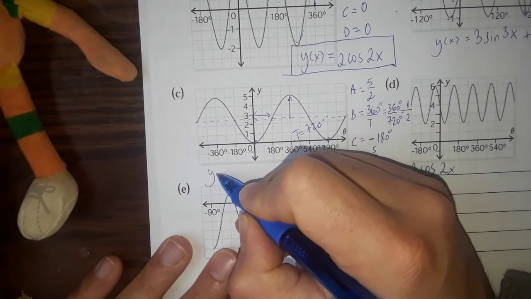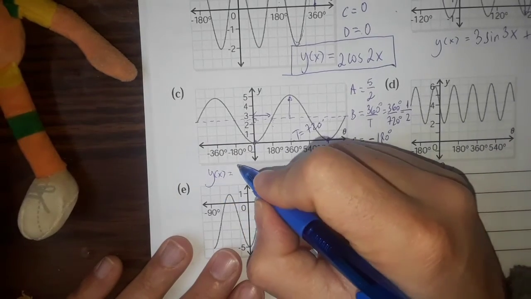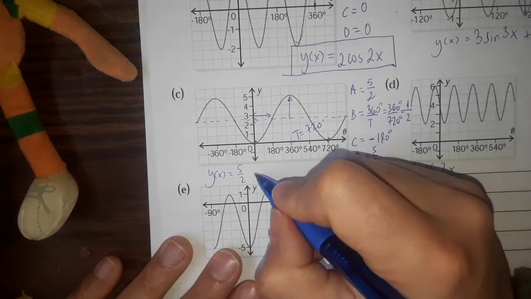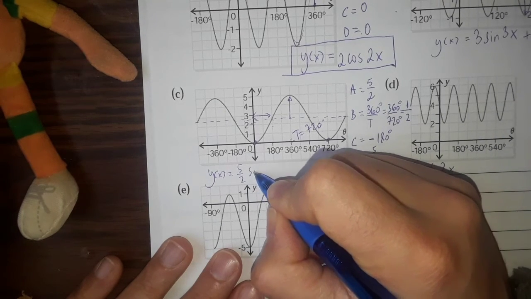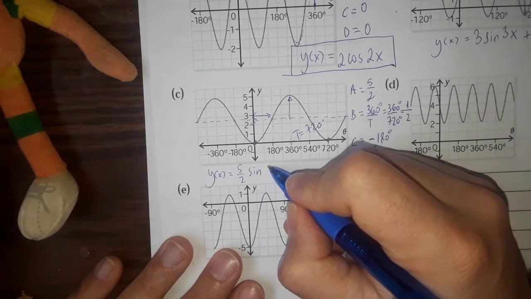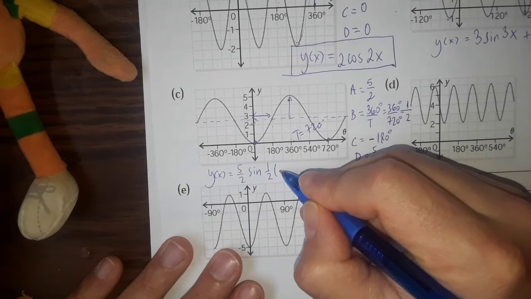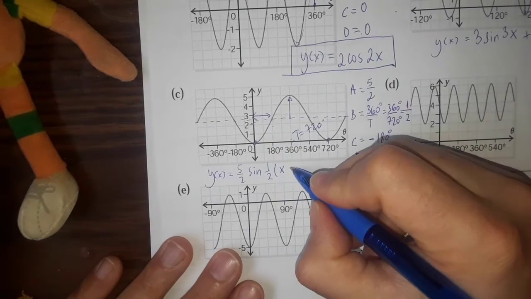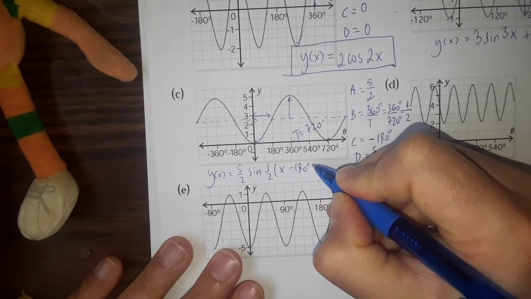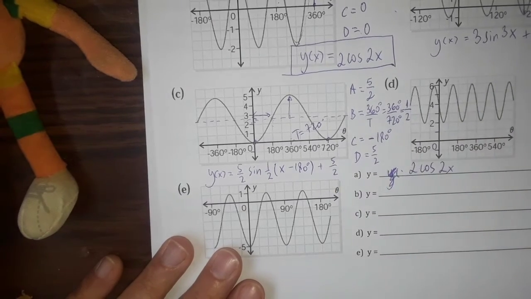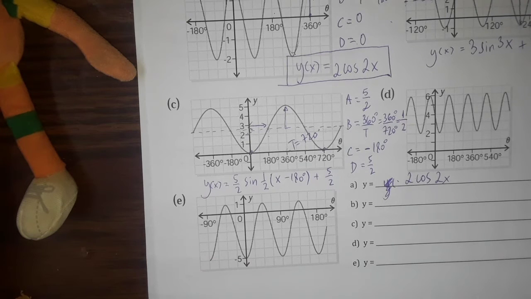So y of x is 5/2, that's for A, sine of, now it's B, 1/2, and then of x minus 180 plus 5/2. Okay, that's pretty crazy, right?